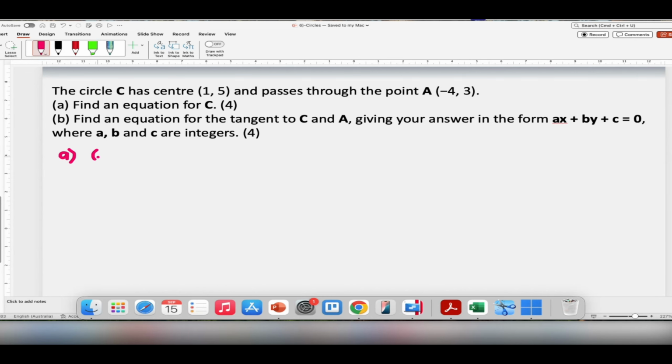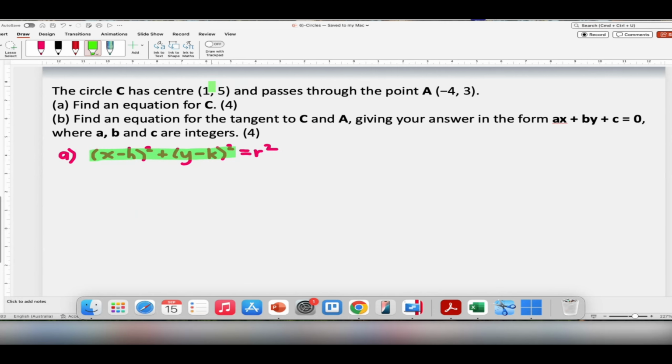Remember, it's going to be (x - h)² + (y - k)² = r². So r squared will then be equal to (x - h)² + (y - k)².